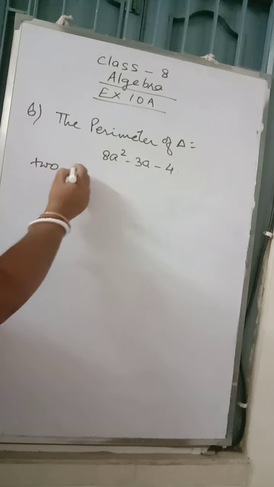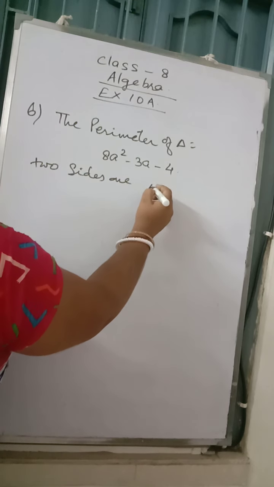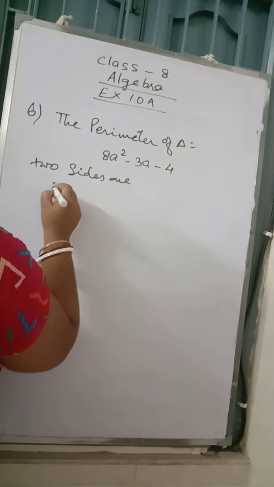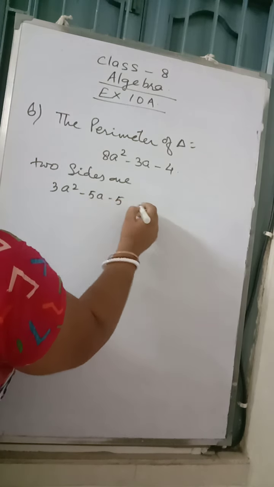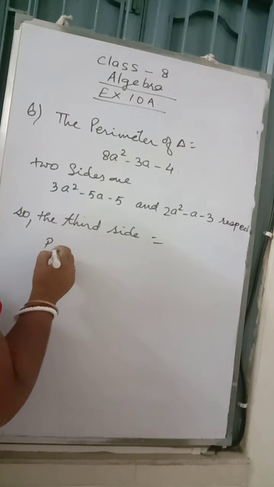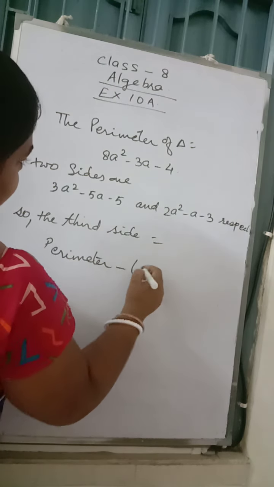Two sides are 3a square minus 5a minus 5 and 2a square minus a minus 3 respectively. So the third side is equal to the perimeter minus the sum of the two sides.